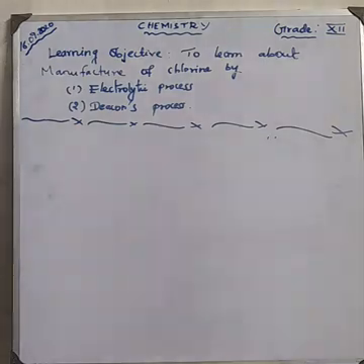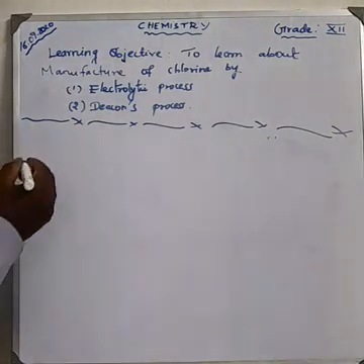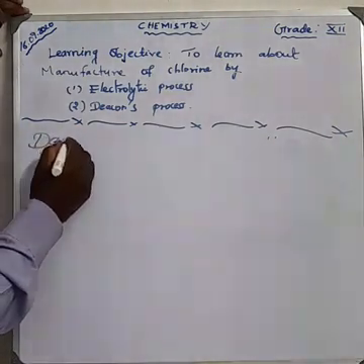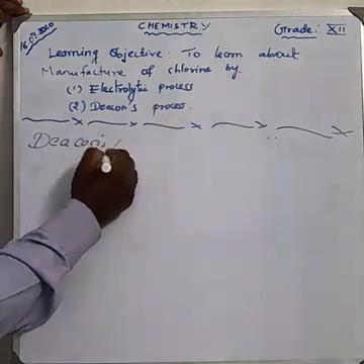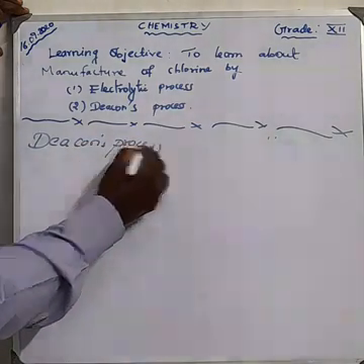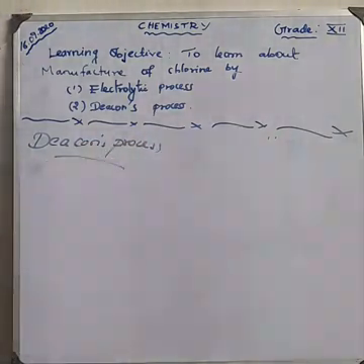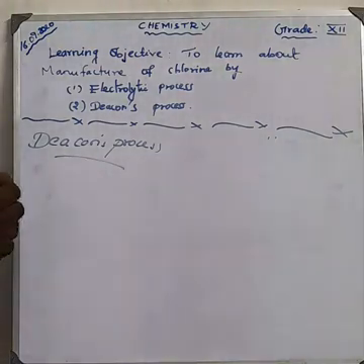Manufacture of chlorine by the Deacon process. Here we are taking a mixture of air and hydrochloric acid.